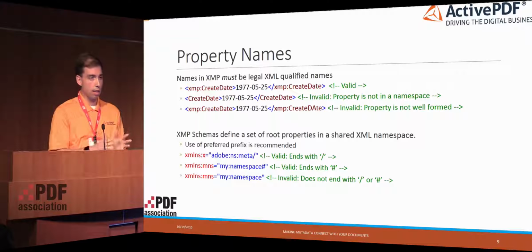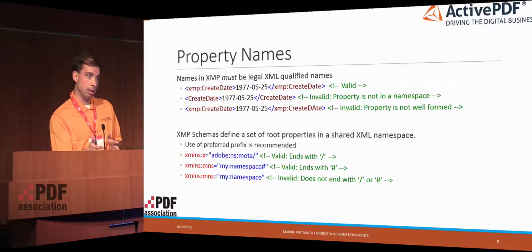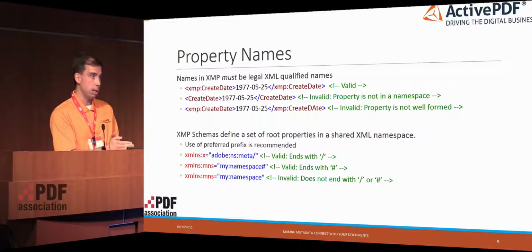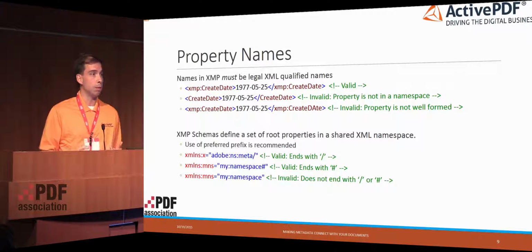And then oddly enough, somebody out there in the world has a namespace called my namespace prop1. A consumer is not going to be able to differentiate between those two unless you have something that delineates namespace from property. And so that's why XMP uses that / and that #. So if a namespace doesn't have either of those, it's not going to be valid, as you can see with our very last one on that bottom example there.